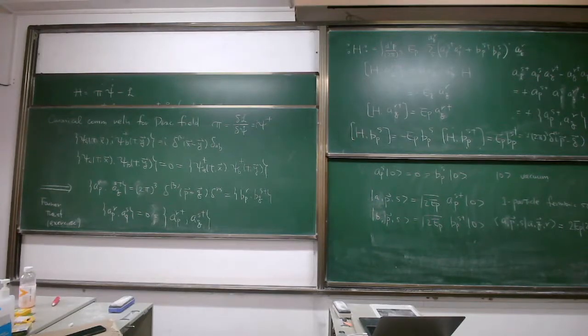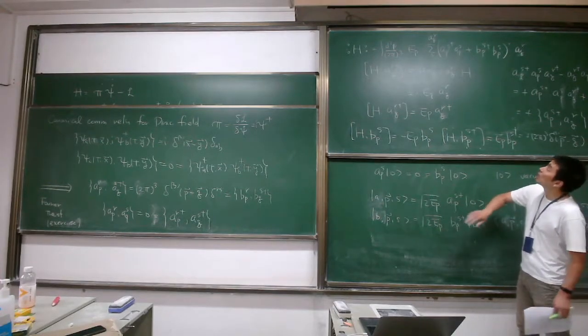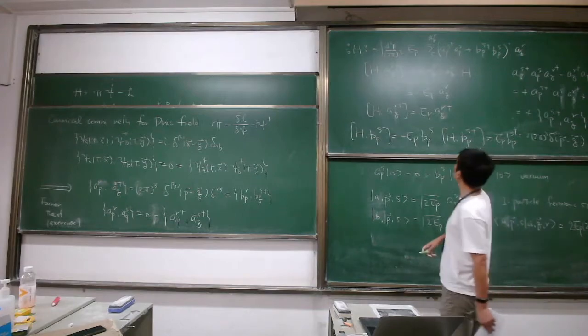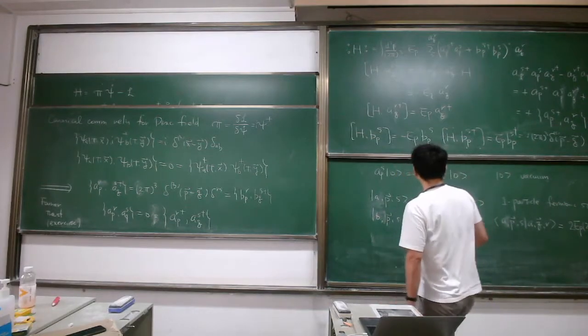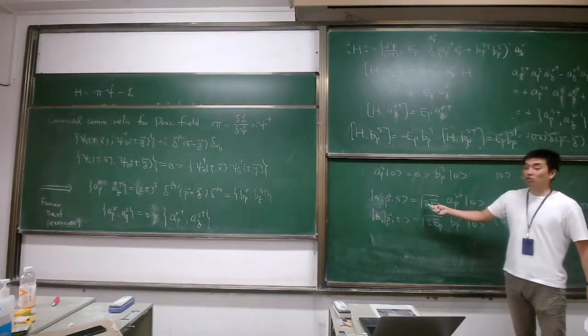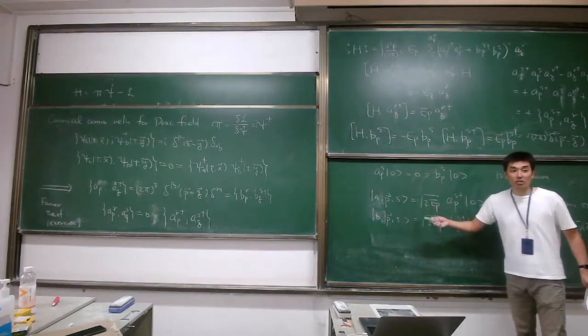So therefore you have to introduce the square root of E, and the 2 is a very nice normalization, as I mentioned last time.